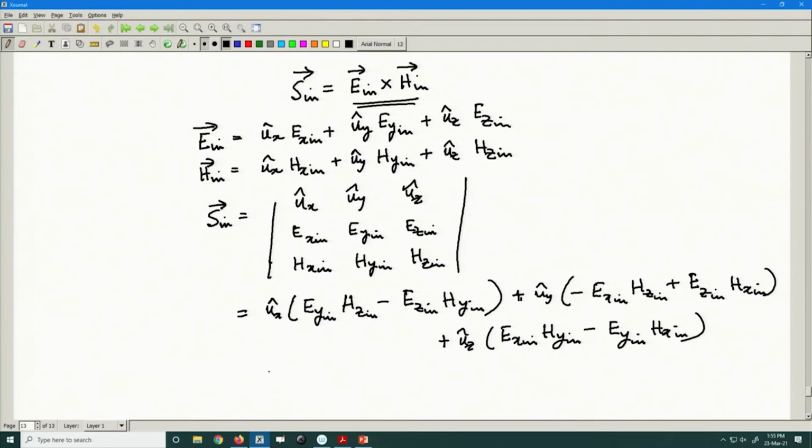So, you see now this is a sum of terms, each of which is in the form of equation number 34.